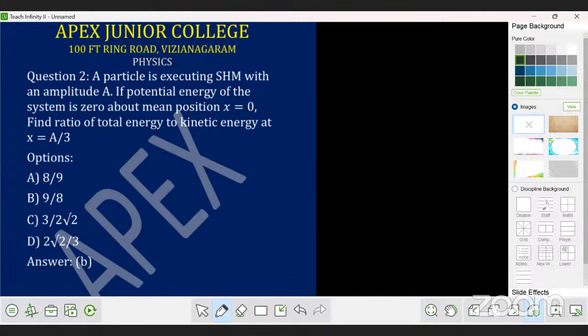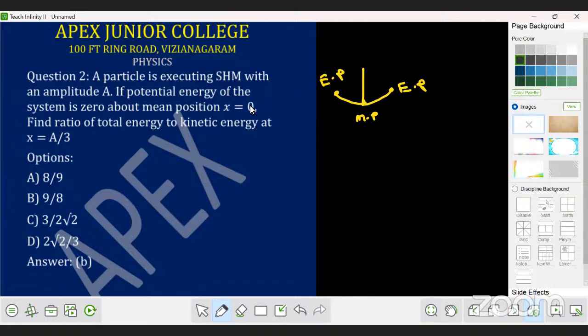A particle is executing SHM with an amplitude A. If the potential energy of the system is 0 about the mean position, a simple harmonic motion is given. For example, I will draw it like this. This is the mean position, and these two are the extreme positions.